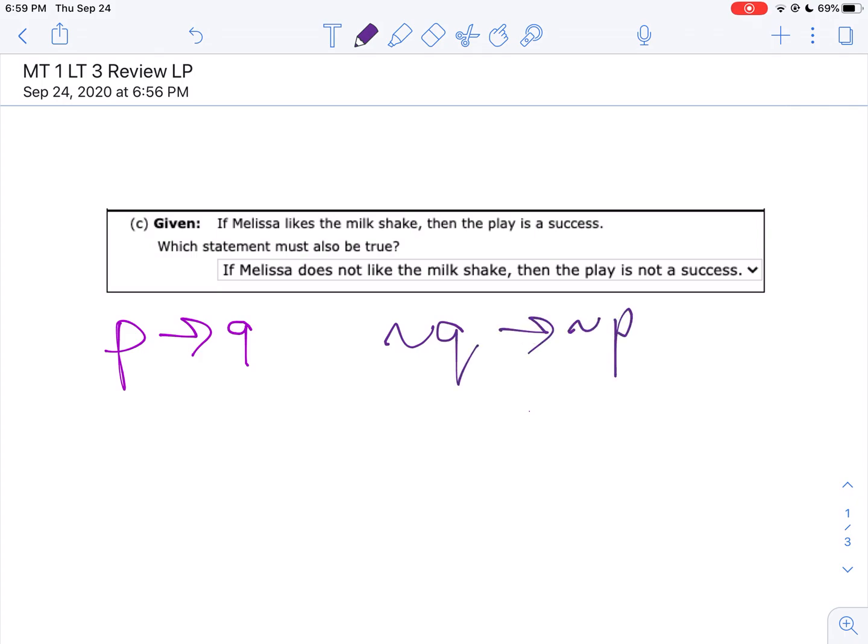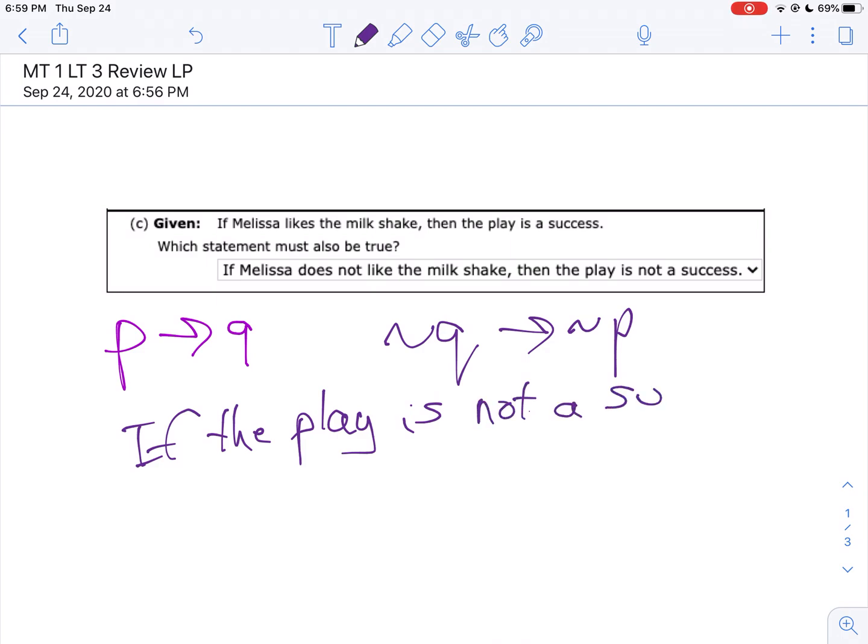This was a multiple choice question, so it should have been, if the play is not a success, then Melissa does not like the milkshake.